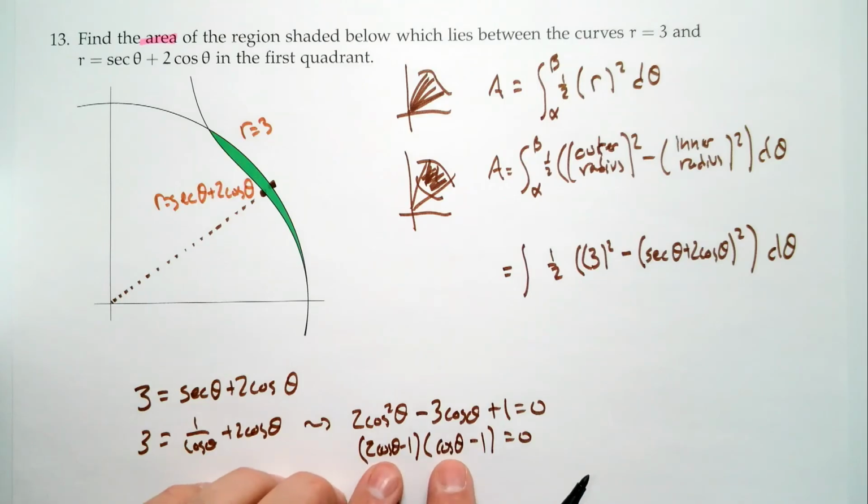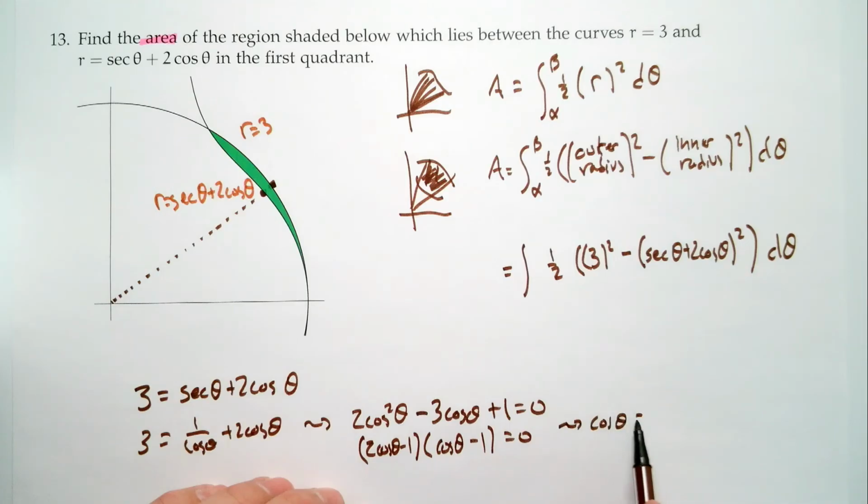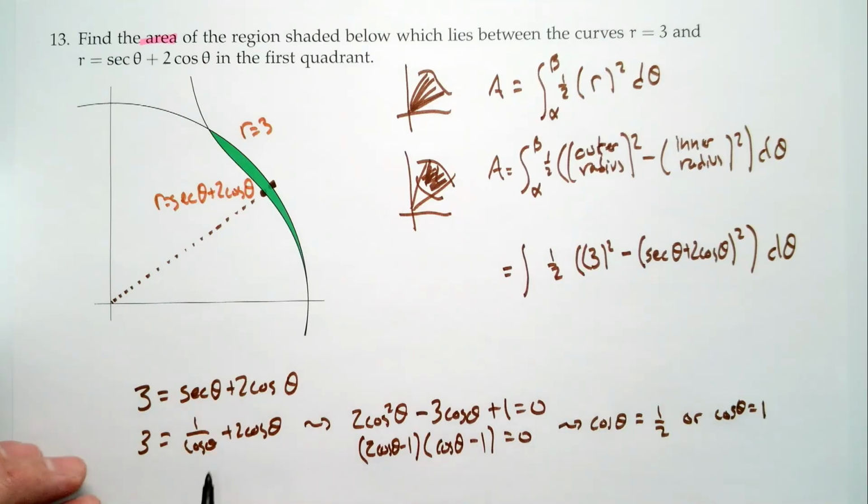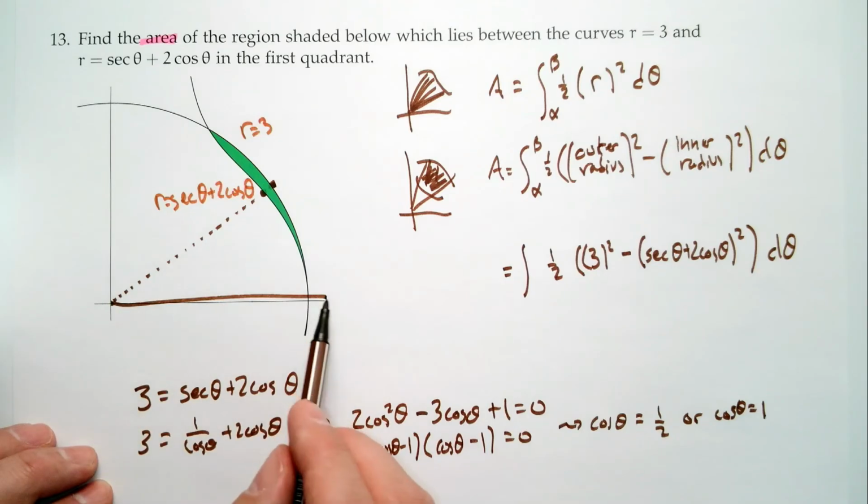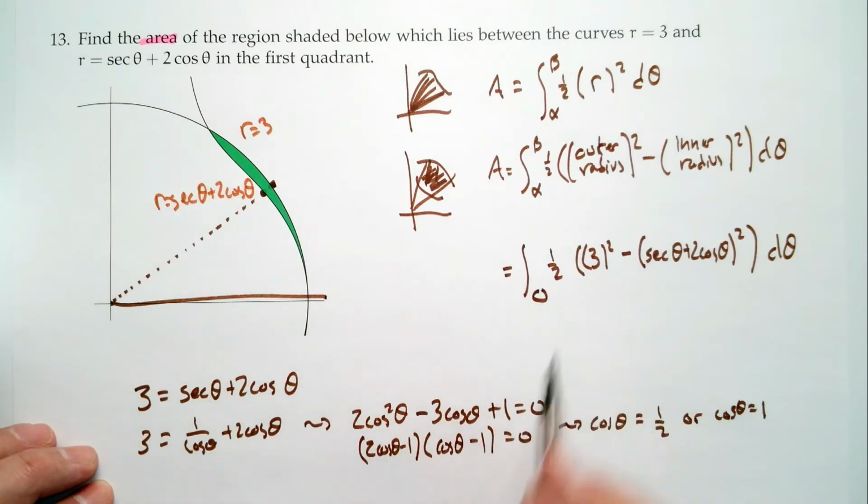You can check: 2 cosine squared theta minus 2 cosine theta minus cosine theta, that's the minus 3 cosine theta, and then the plus 1. So what does that tell us about cosine theta? It's 1/2 or 1. When do I get cosine theta equal 1? At 0, which I probably could have guessed. When does cosine theta equal 1/2?